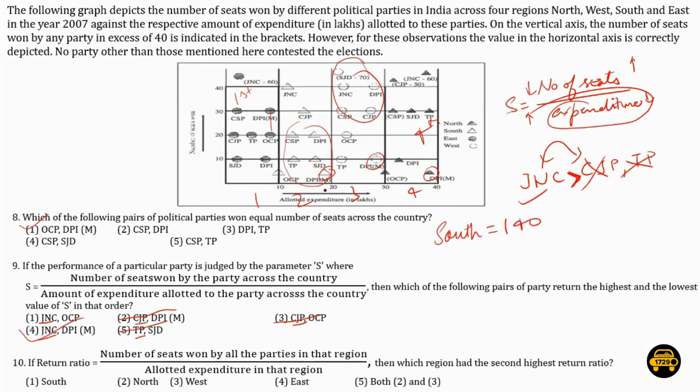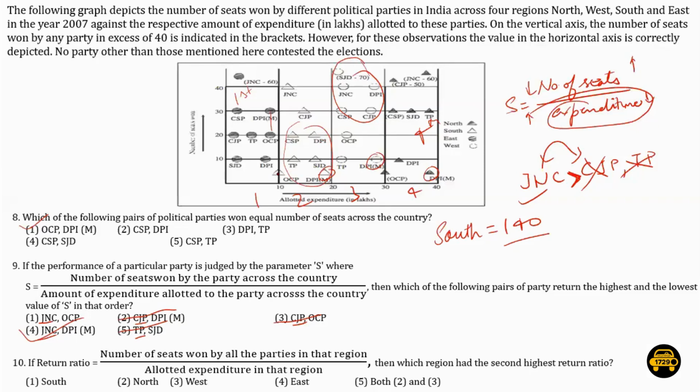And if we just add up all the expenses, it will be somewhere around, this is 10, this is, so we can do it like this. The sum of both of them will be 20. How? If it is 5 more than 10, this is 5 less than 20, right? So it is 15, and again this is 15. So 10 plus 20 will be 30. So the sum of TP and SGD is 30.